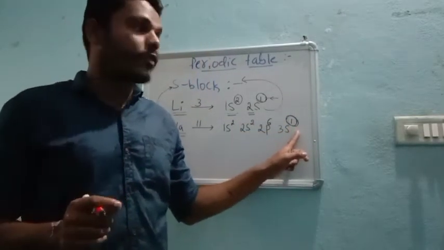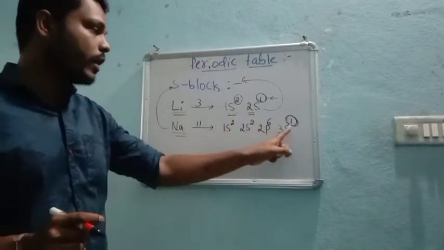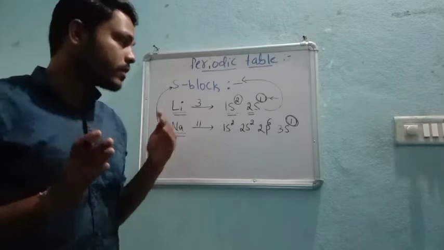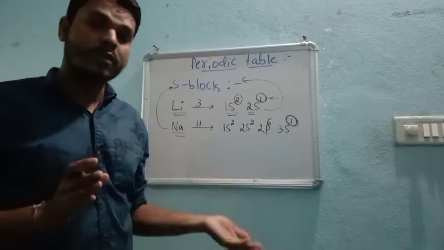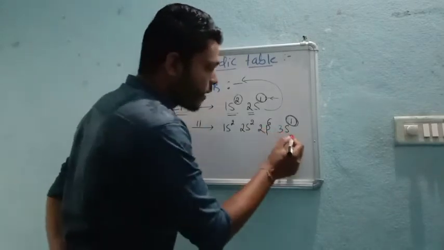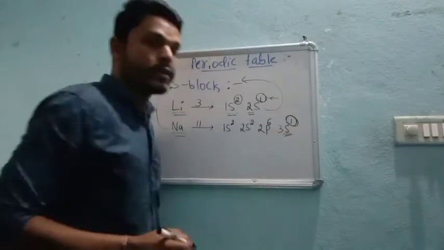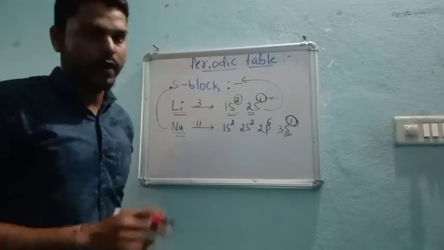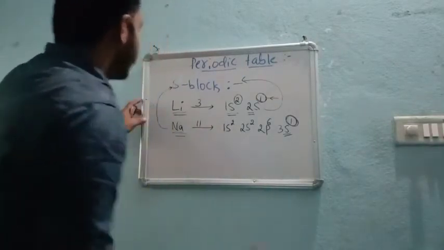This differentiating electron is entering into the s subshell. Whether it is the first s, second s, third s, or 4s, no matter. If it is entering into the s subshell, then it is called an s block element. So these are the s block elements.